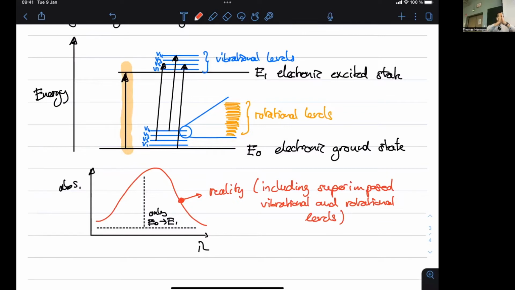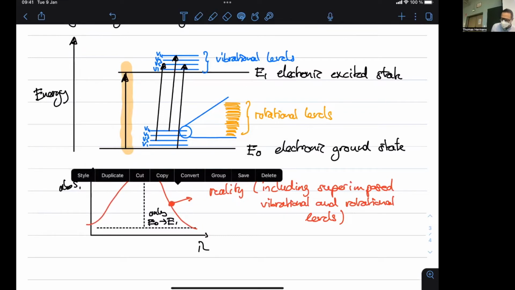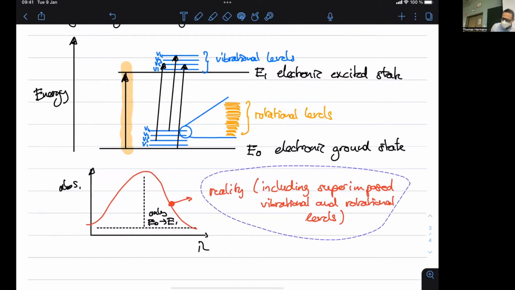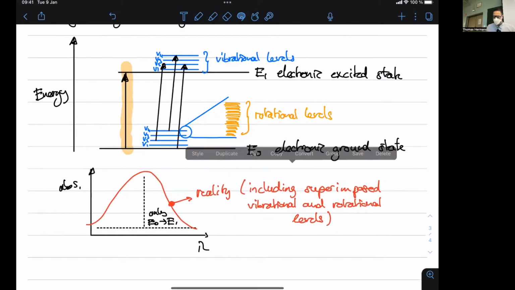So the width of the peak, sorry, this should be at the same position. Okay, right? So the peak is not infinitely narrow like the theory says, but it has these smaller levels that are close, which are also accessible, which makes the peak broader.